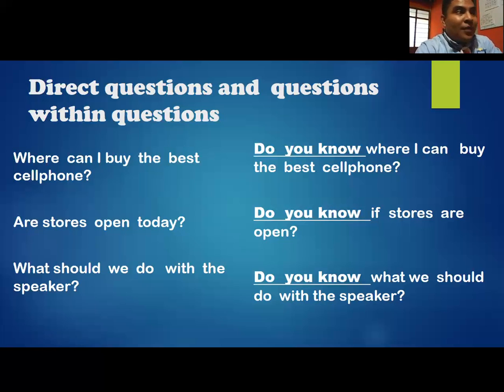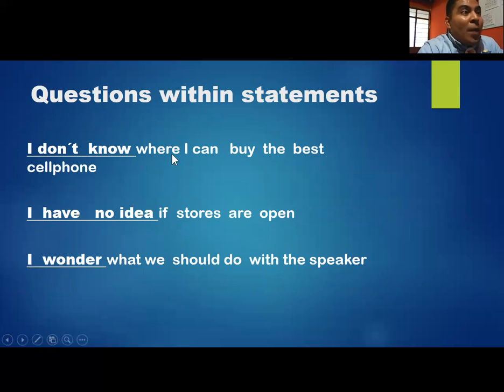Let's see, okay? I don't know where I can buy the best cell phone. I have no idea if stores are open. I'm going to put first the subject and then the auxiliary, okay? Yes? Okay, the next is I wonder what we should do with the speaker.